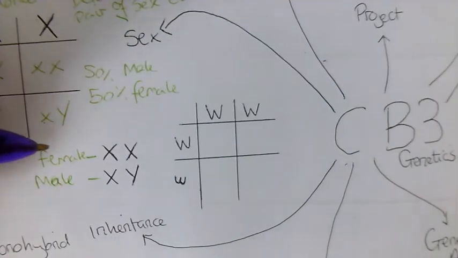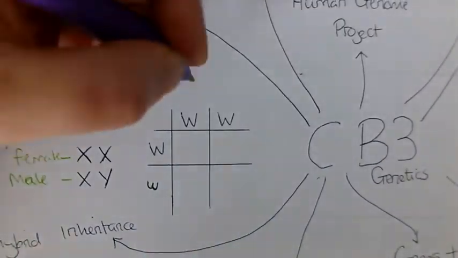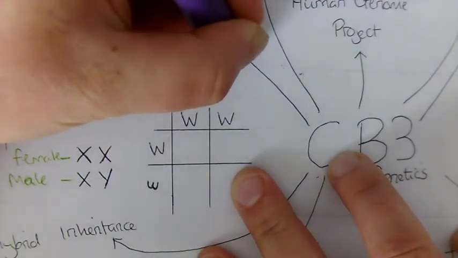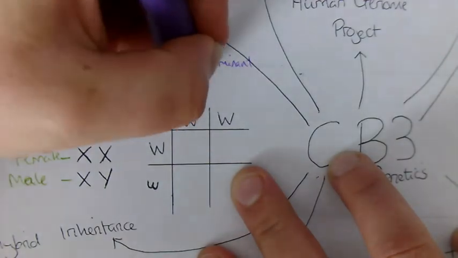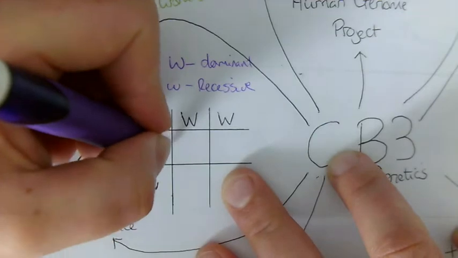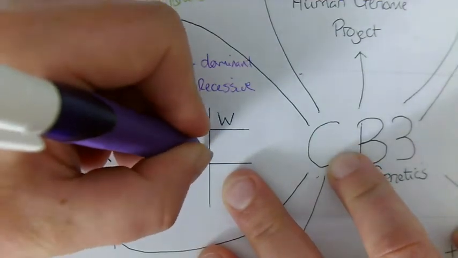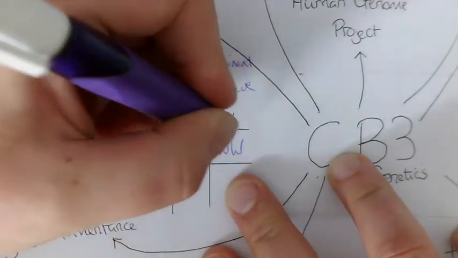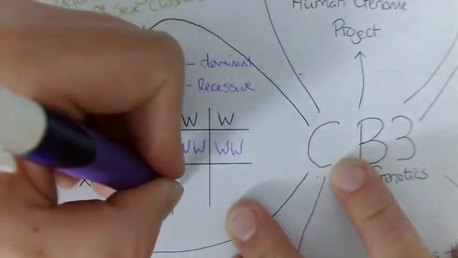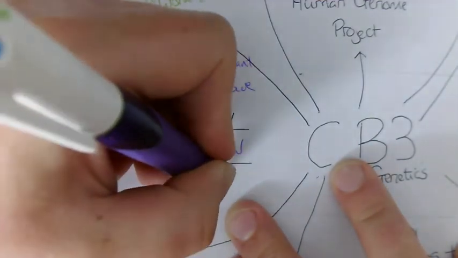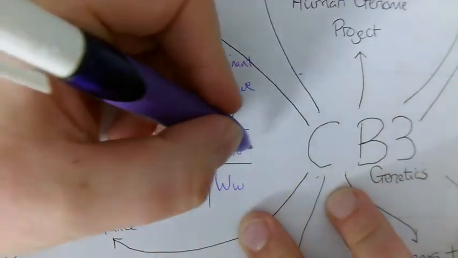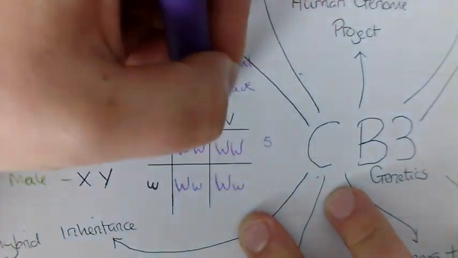If we say that the big W is dominant, as it is, and little w is recessive, then here in this box we get big W, big W, big W, big W. Now we've got big W and little w, the big W always goes first, so big W first, little w second. So that means we've still got 50% chance. Oh no, hold on, we haven't.